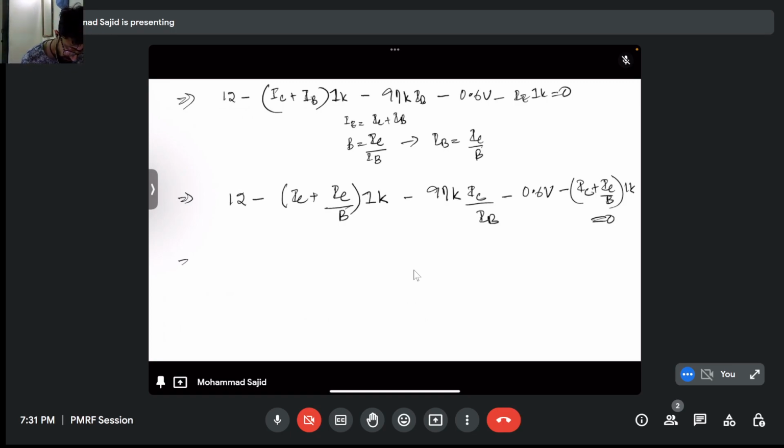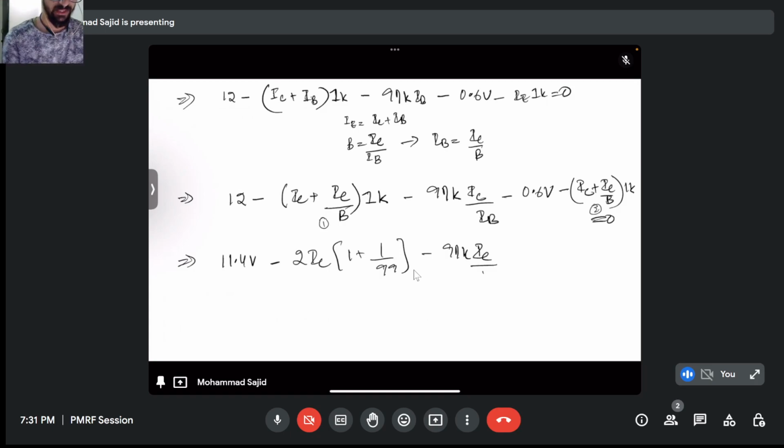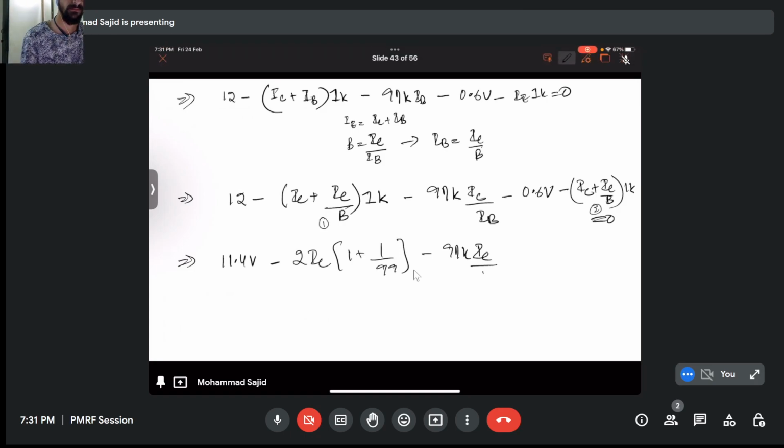Okay, so this will be 11.4 volt minus 2 times IC times (1 plus 1 by beta), beta is 99, minus 97k IC by beta, and here it should be beta, 99, equal to 0.